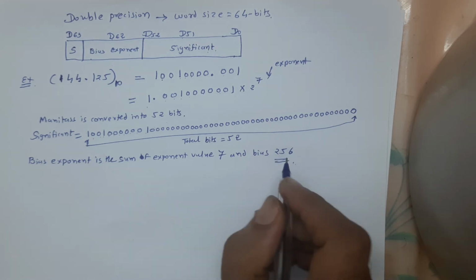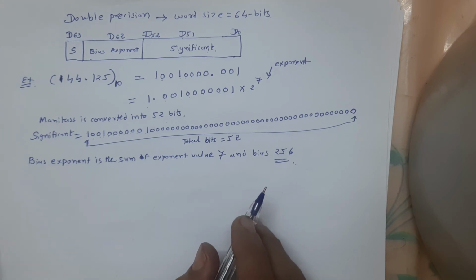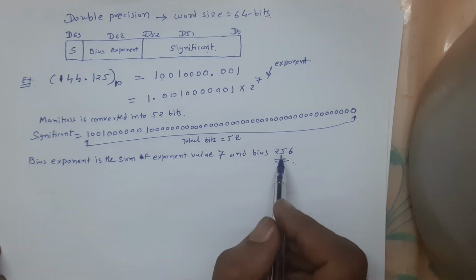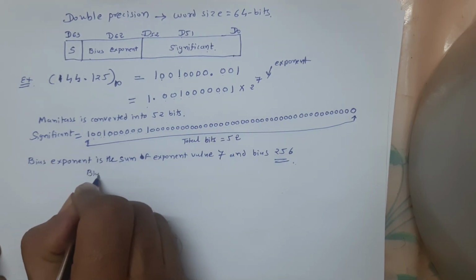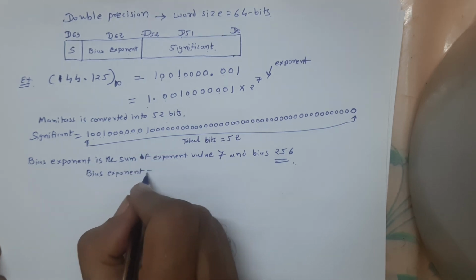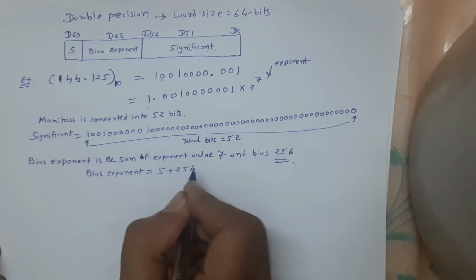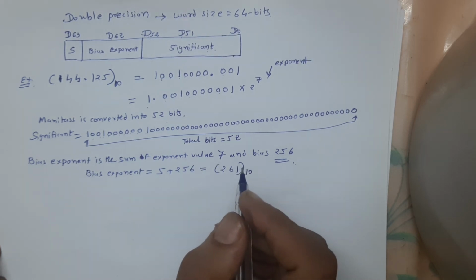Remember, in the single precision floating point number the bias is not 1023, it is 127. Here it is 1023 because this is double precision floating point. So the total bias exponent is equal to 7 plus 1023, which is equal to 1030 in decimal.